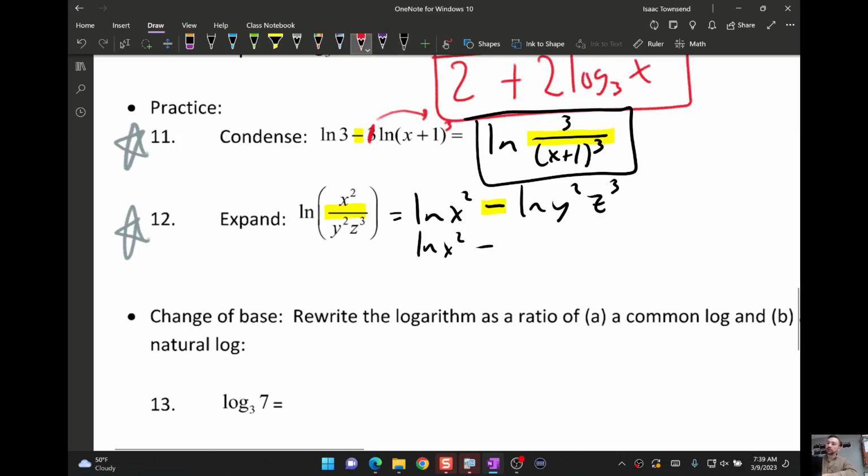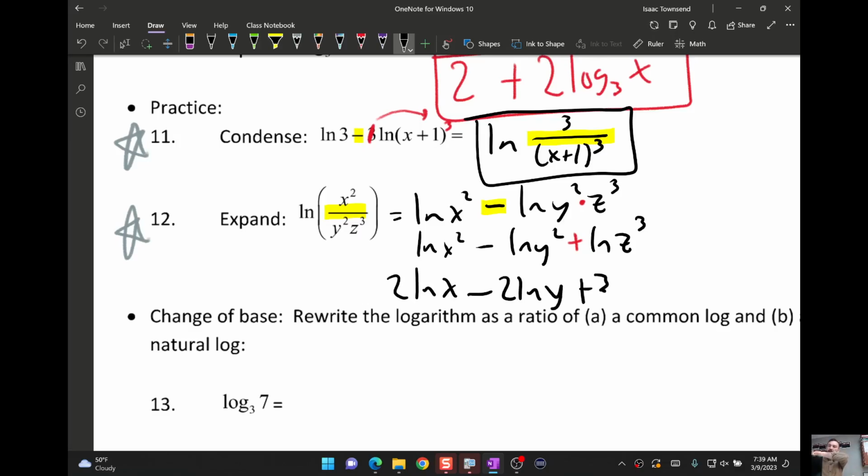Over here, these two are being multiplied, so we can expand these into a natural log of y squared plus a natural log of z cubed. Also, kind of minor, but it is understood that when you expand, all of your exponents need to come down at the end.